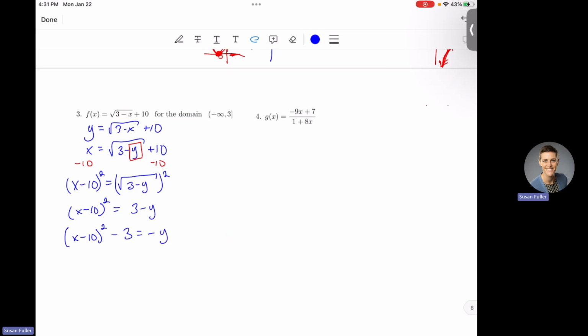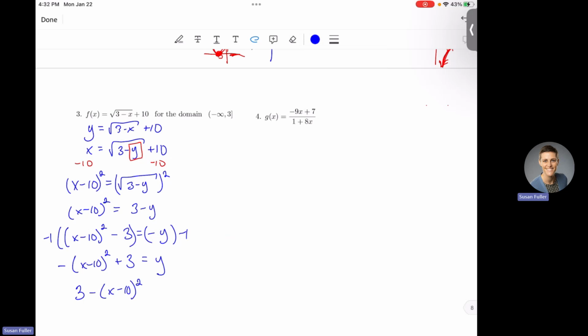And I'm going to multiply everything by negative 1 here to get rid of that negative. Distribute this and it'll be negative (x minus 10) squared plus 3 equals y. If your brain doesn't like this negative quantity squared plus 3, you can always switch the order of that and write 3 minus your quantity.